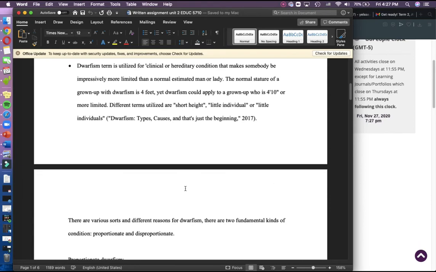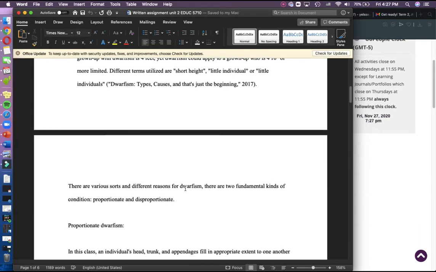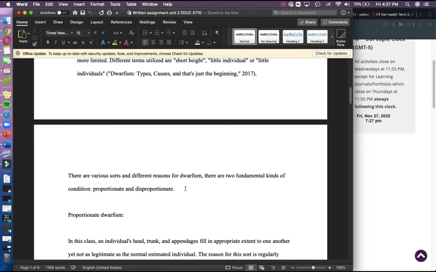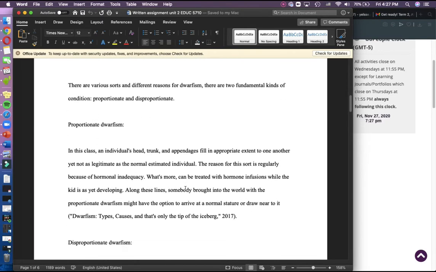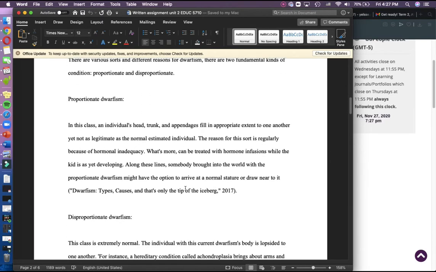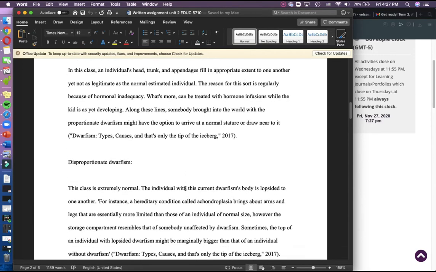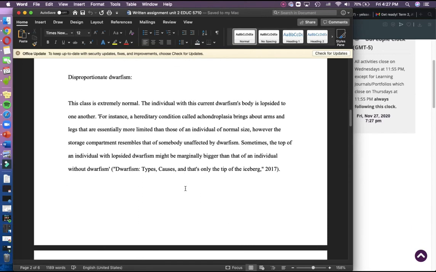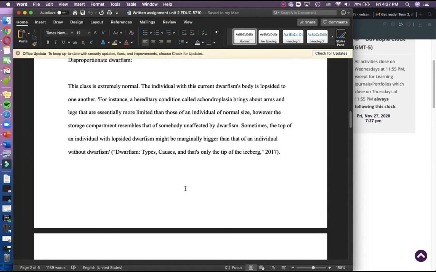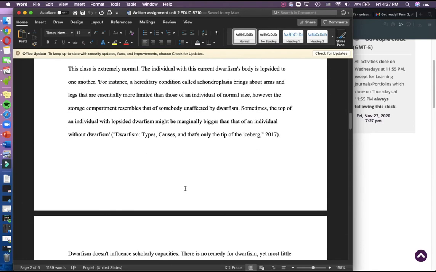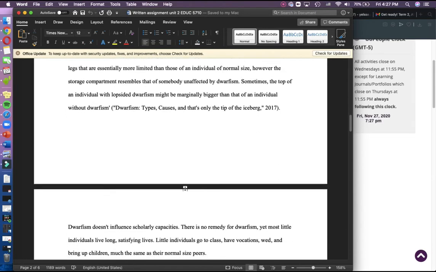That's definitely a no-no. And I see a lot of, the spacing is a little weird. And they don't indent. And I see that there's a quote that is not integrated as well.